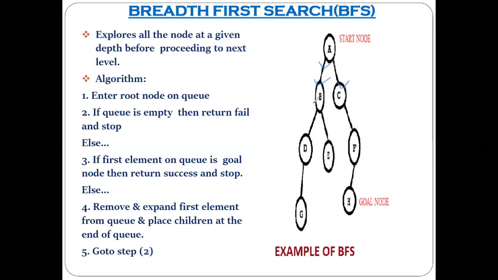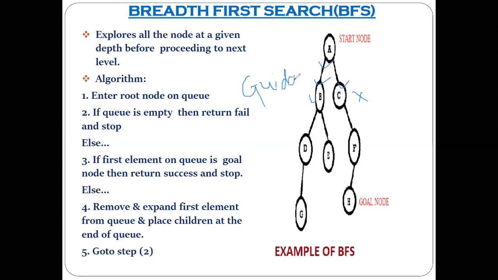It is not like you only search B and don't search C. You have to search each and every node because you don't have any kind of guidance here, which route will be better or which node you should select so that you can reach the goal node earlier.